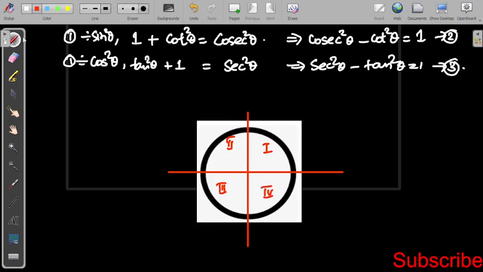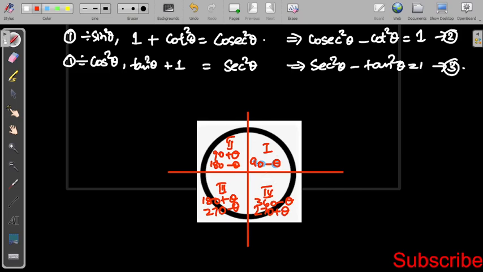Remember, this we have to take as 90 minus theta, and this as 90 plus theta and 180 minus theta, and this you have to assume as 180 plus theta and 270 minus theta, and this is 270 plus theta and 360 minus theta. Very easy one. You have to remember this much alone.